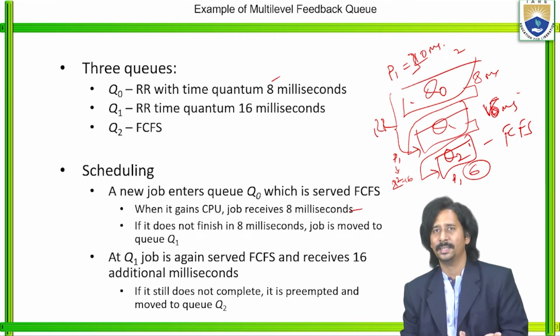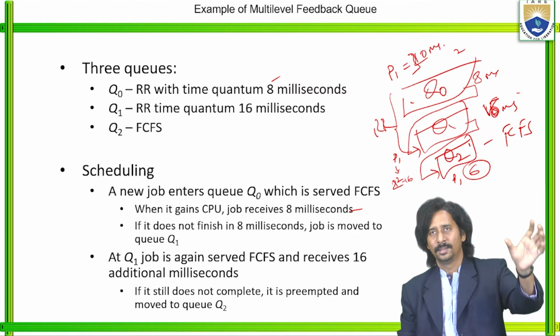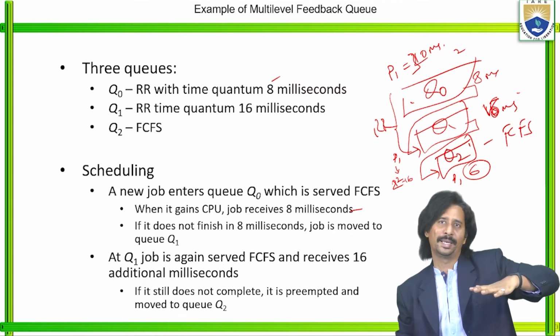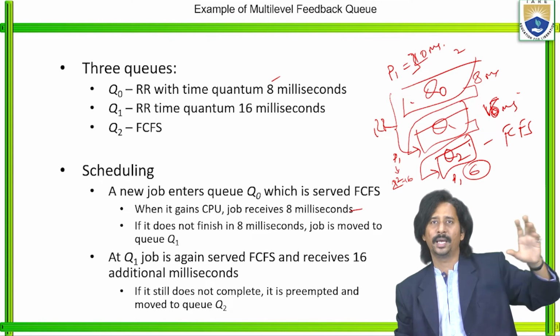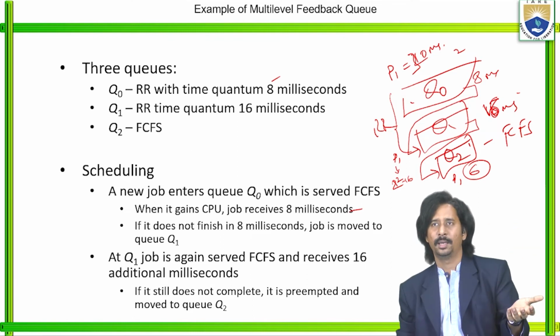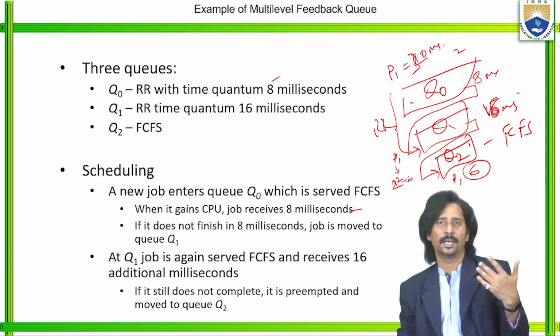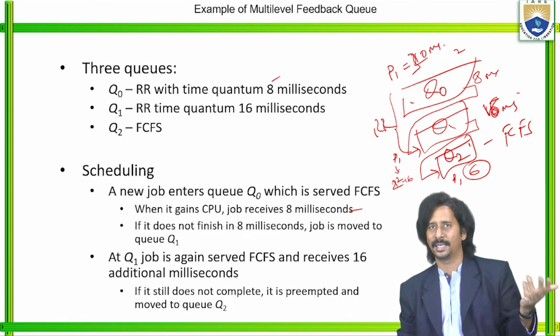Simple logic here: similar to our multi-level queue scheduling algorithm, there are different levels of queues. Each queue executes the process using any type of algorithm, like round robin, SJF or FCFS.